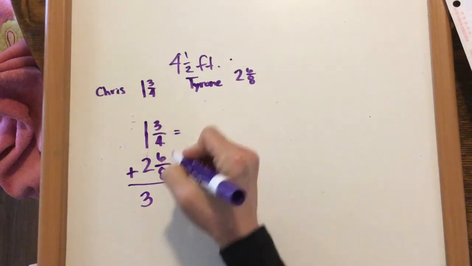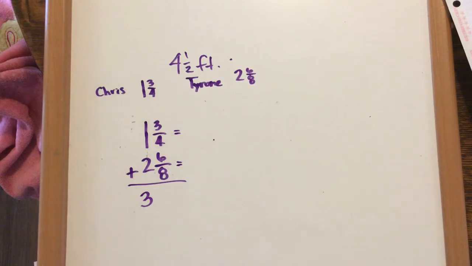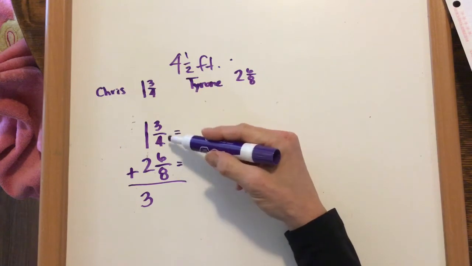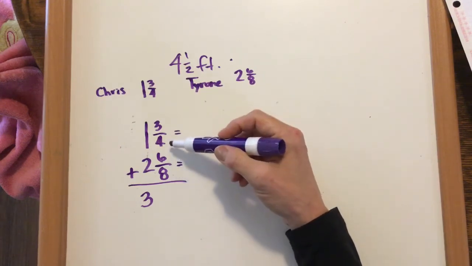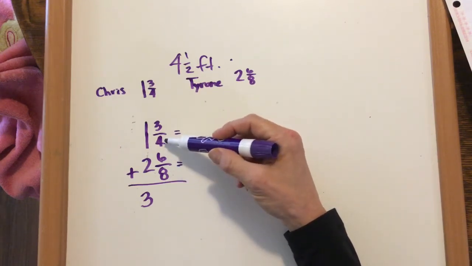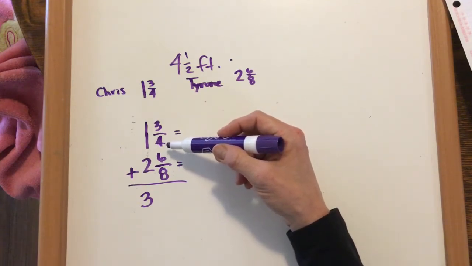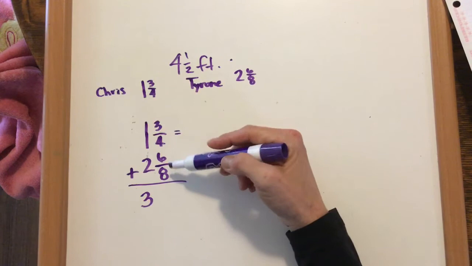I need to get like denominators. So I could go 4 times 8 and get me a like denominator of 32. But I could also think about the least common multiple of both of these. I know that 8 is a multiple of 4. I could count 4, 8, 12. So I heard 8 in there.